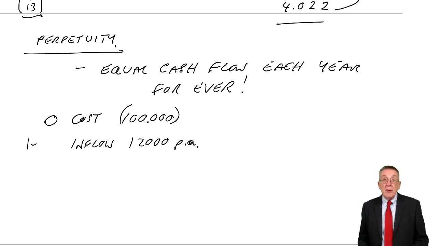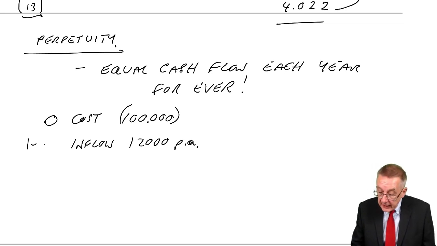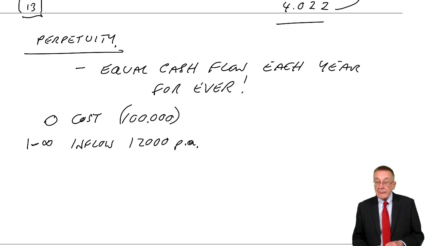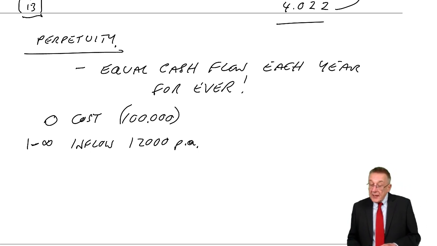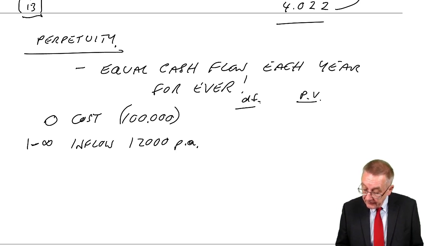But as I've just said, instead of it being 1 to 5, 1 to 10, it's forever. It's 1 to infinity. The present value, well, 100,000 discounts to 100,000.